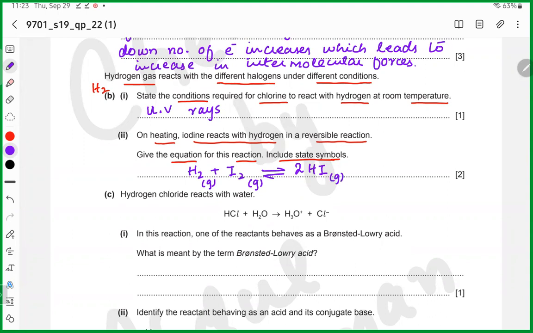Iodine is solid at room temperature, but if we are providing heat, the temperature is higher than room temperature, and the iodine doesn't melt, it undergoes sublimation, which means it directly converts into a gaseous state. So at a temperature higher than room temperature, the state of iodine must be a gas. Is this clear?